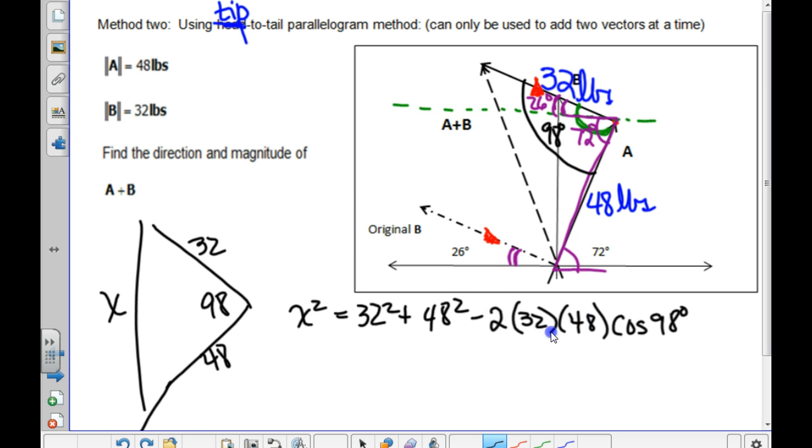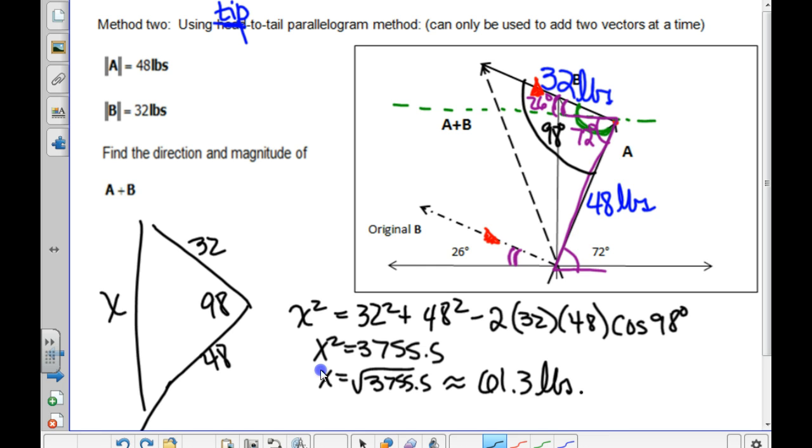Start typing. It's a miracle. Is that not the same number we had on the last one? 61.3 pounds? Yes? Okay.